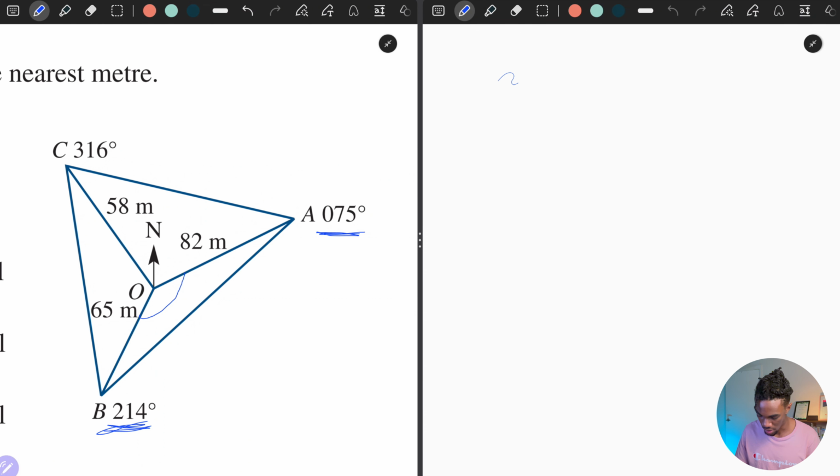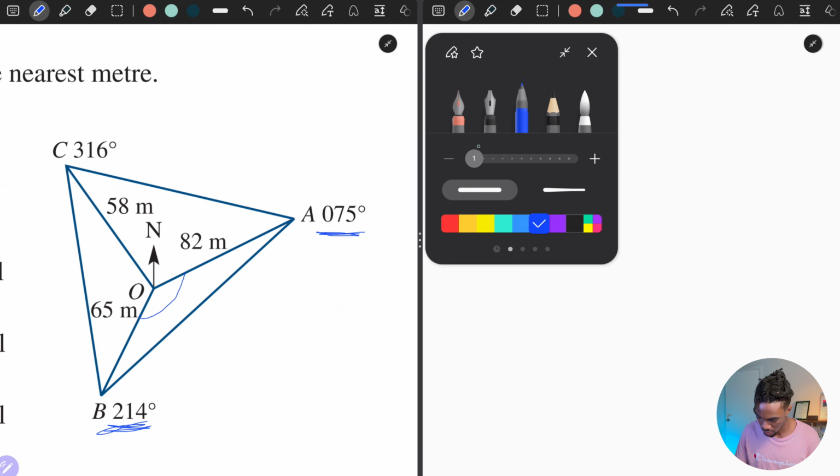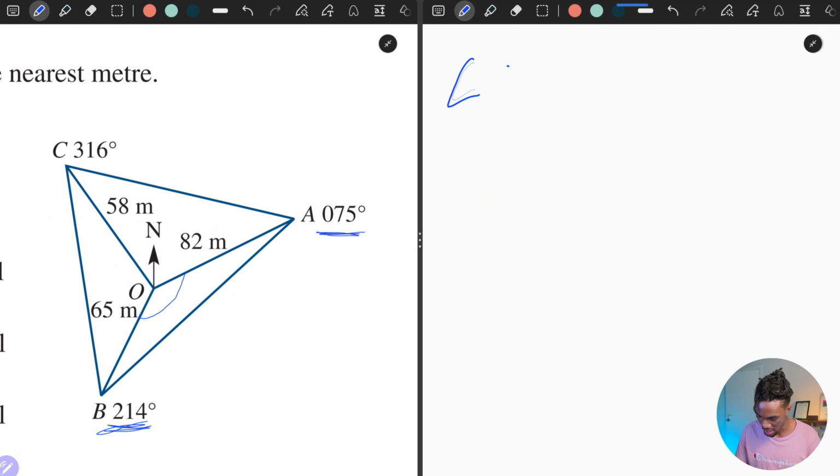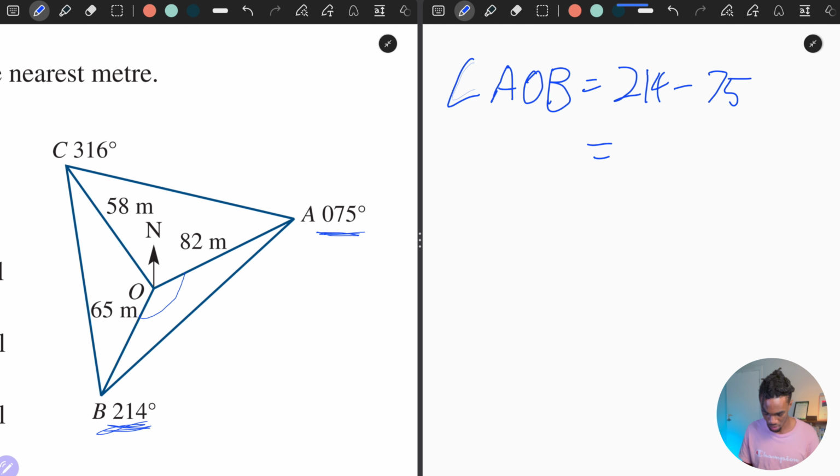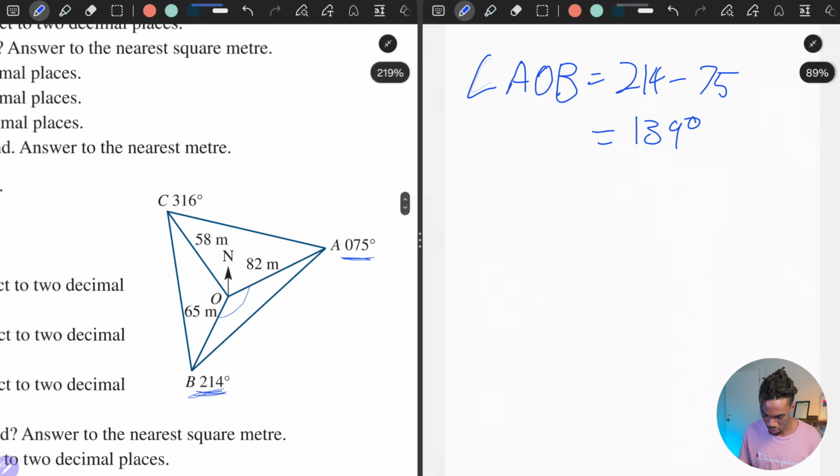So angle AOB is equal to 214 minus 75, and that equals 139 degrees. All right, moving on.